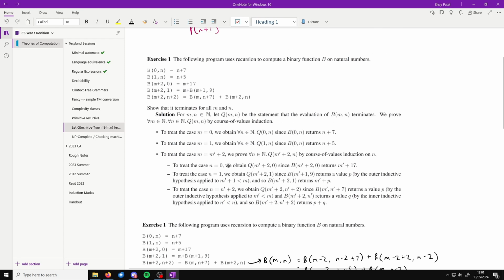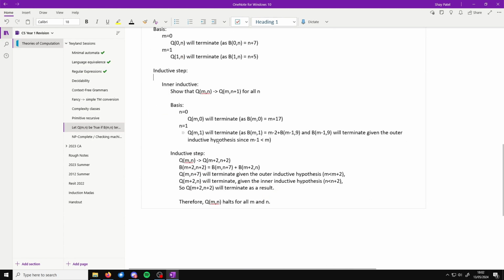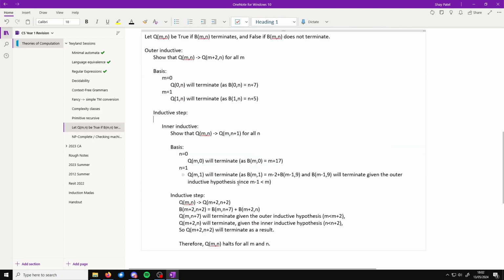We prove that for all n in natural numbers, it halts by course of values induction on n. First we did it on m, now we're doing it on n. To treat n equals 0, it halts. For n equals 1, it halts by the outer inductive hypothesis, because m minus 1 is less than m by course of values.